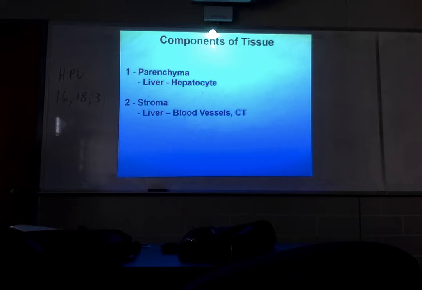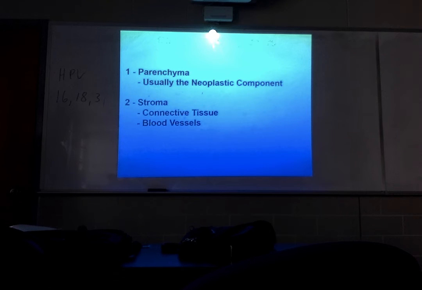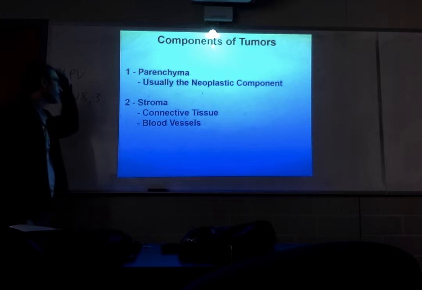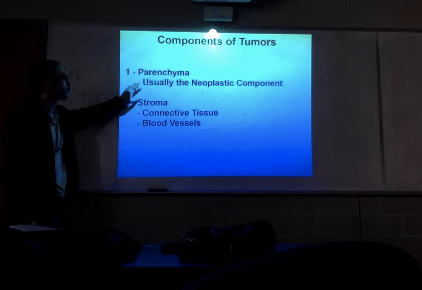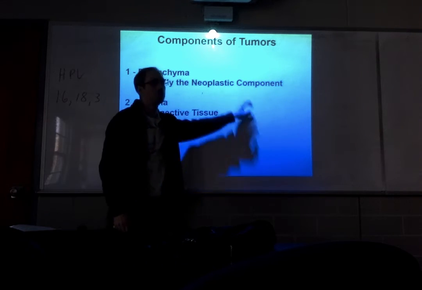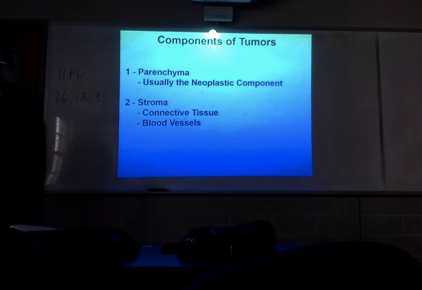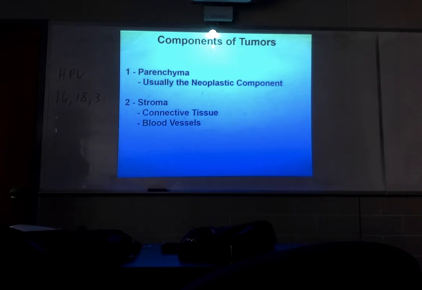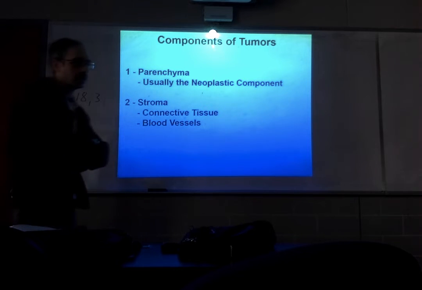But we also use them in the context of neoplastic tissues to describe the components of the neoplastic tissue. In this context, they mean slightly different things. In the context of a tumor, the parenchyma is that part of the tumor which is neoplastic. It's the cells that are proliferating out of control. But a tumor isn't just made out of neoplastic cells that proliferate out of control.